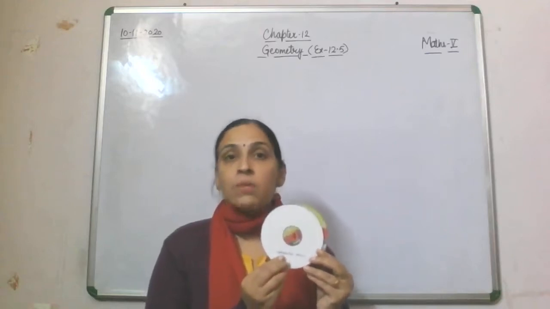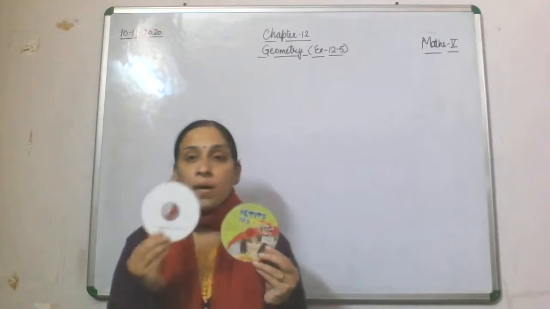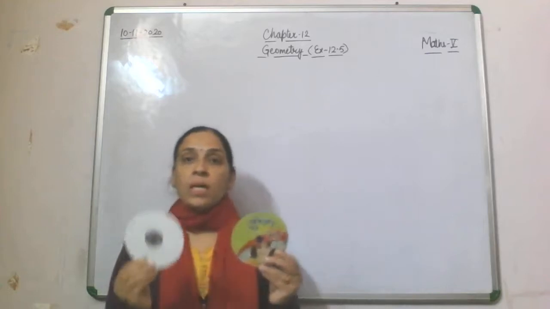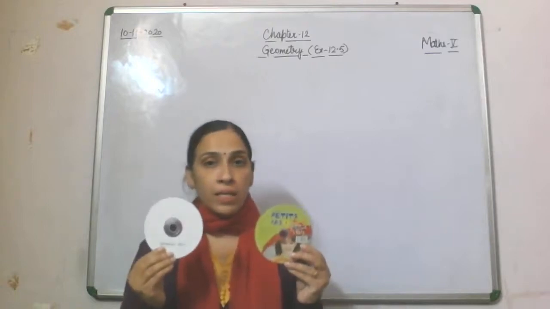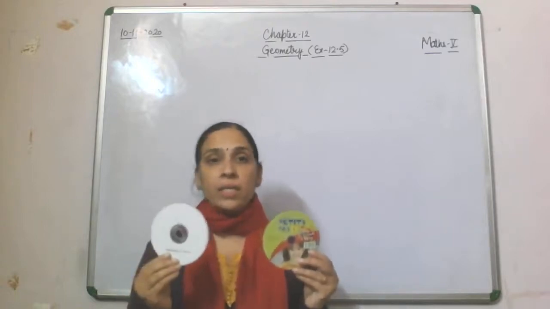See once again what I have told you. If I am having two CDs or any two things, I can take a triangle also, I can take anything.